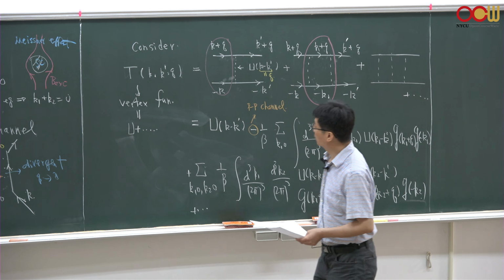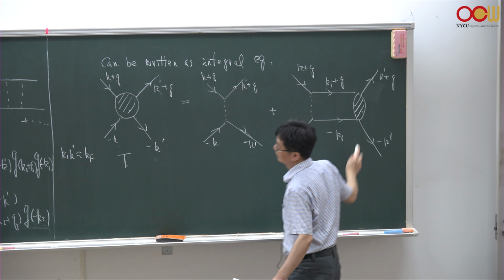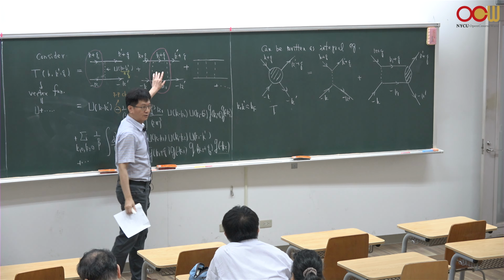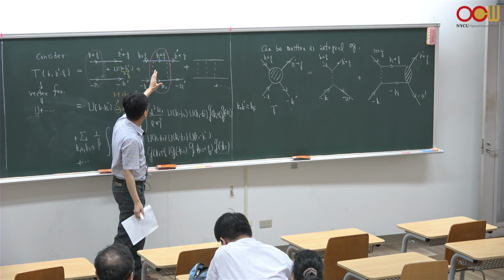So you can simply consider the second diagram in the middle, and this can be cut into two parts. One is a single dashed line, but the remaining part could be an infinite number of dashed lines, right? So for example, suppose I have an infinite number of dashed lines. I can cut this diagram into two parts.